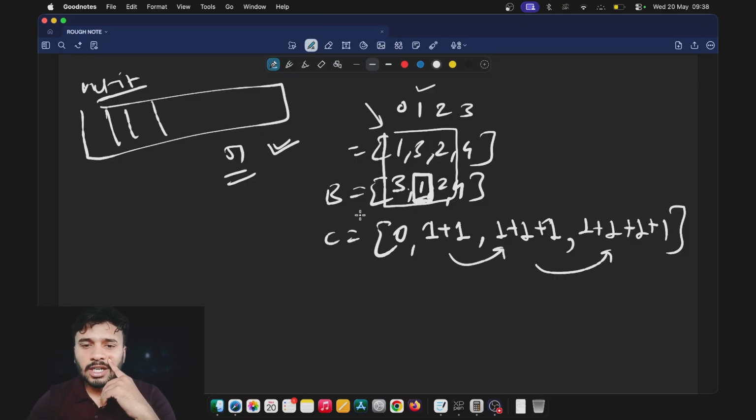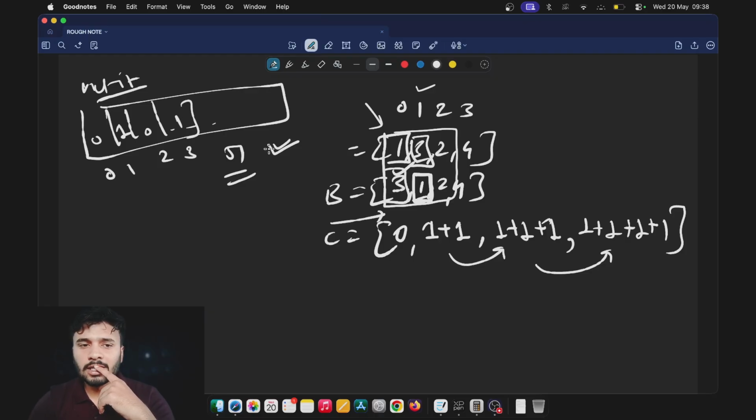Every time we traverse from the zeroth index, and we put both arrays' elements into it. Once the frequency is increased, let's say these are 0, and the one's frequency will be 1 now, everyone else is 0. Now we found 3 here, so 3's frequency will be 1.